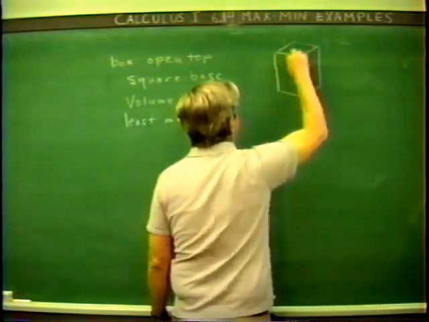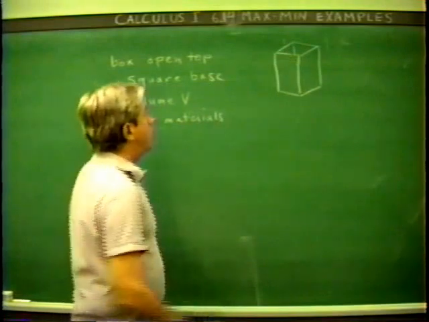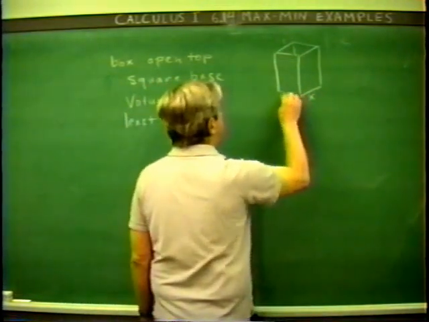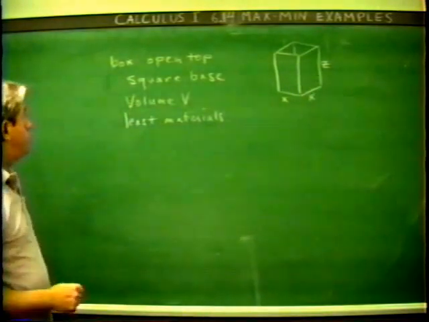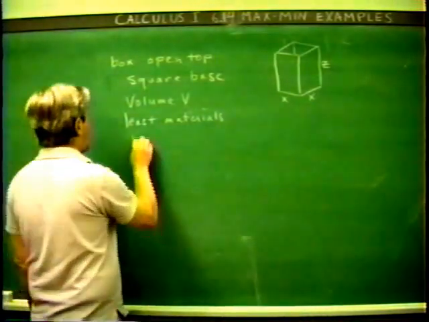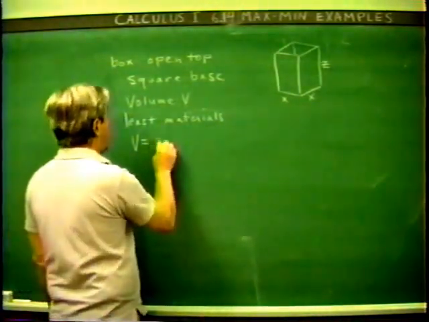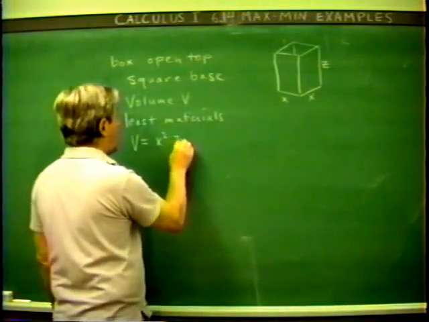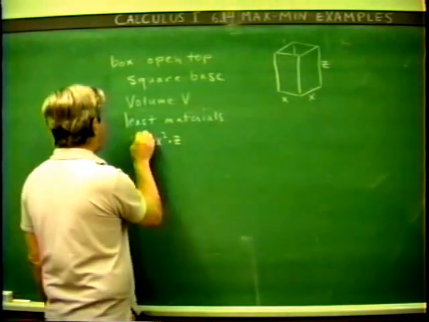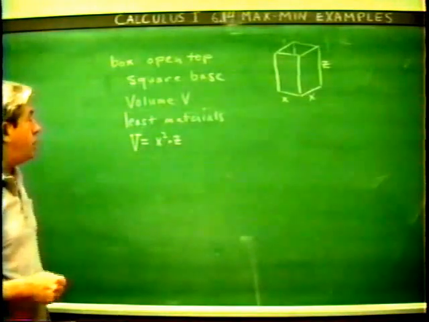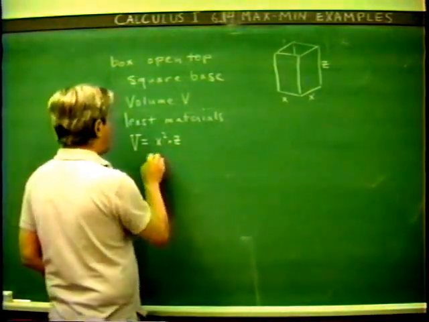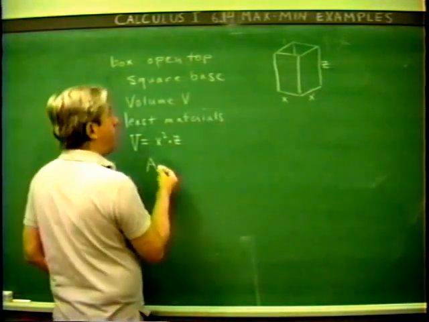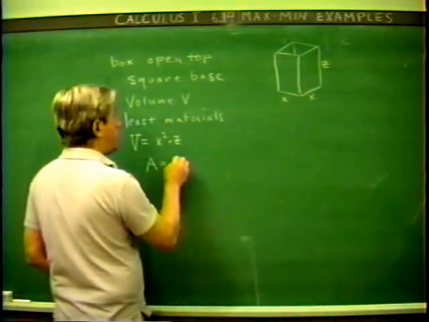So the box is to look like this. It's going to have a square base, and it's open on the top. So if this is X, this you can write as X, and the height is Z. And so the volume is equal to X squared times Z. And this is a fixed quantity here, so we can treat V as a constant throughout this problem.